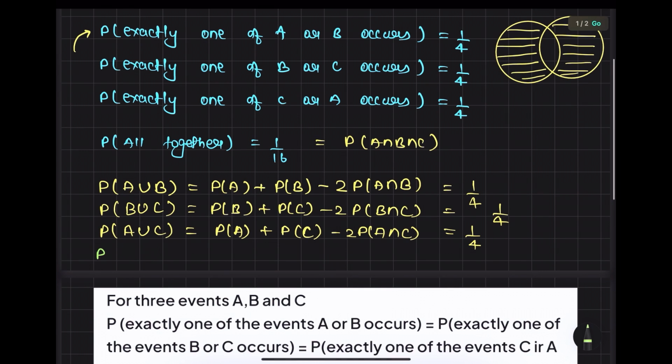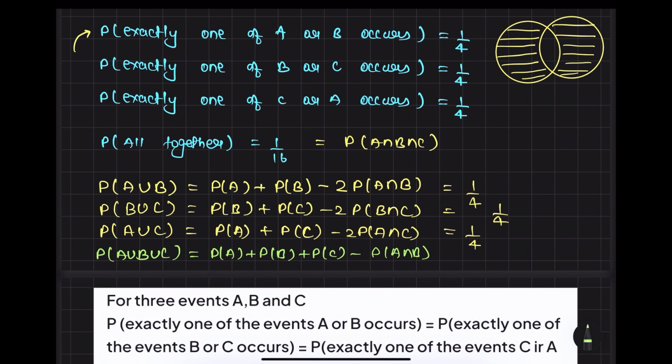So we are interested in the probability of A union B union C. So you know that it is the sum taken one at a time: probability A, B, C, minus the sum taken two at a time: probability A intersection B, probability B intersection C, probability A intersection C, plus probability A intersection B intersection C, and that is, look at this.